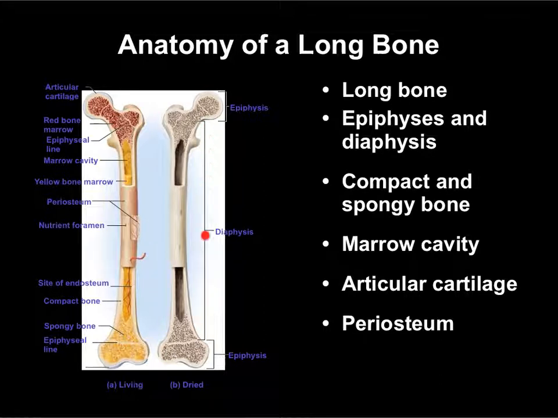It's the long portion of the long bone. And the diaphysis is primarily made out of what's called compact bone tissue. We'll talk about exactly what compact bone tissue is later on. And it's also usually hollow on the inside. So there's what's called a marrow cavity, a big open area on the inside.